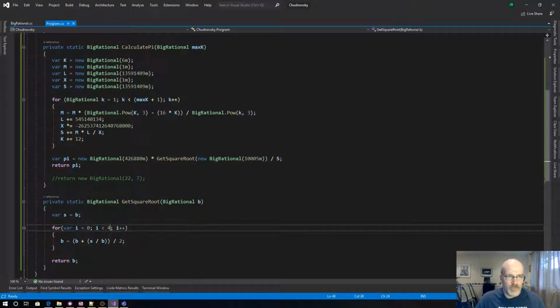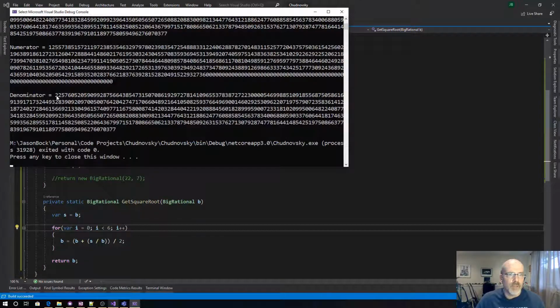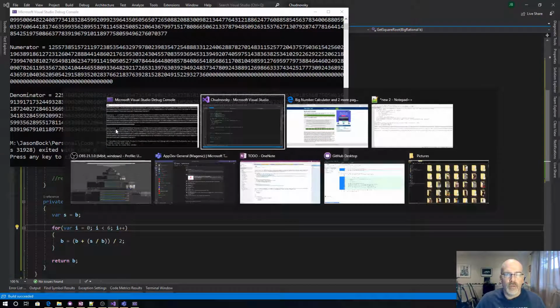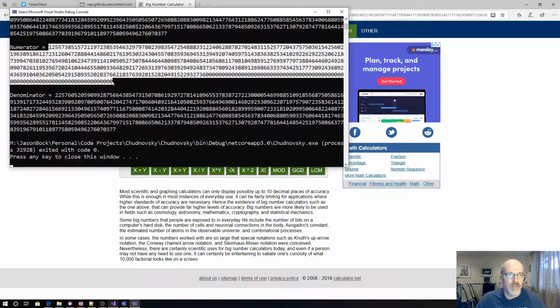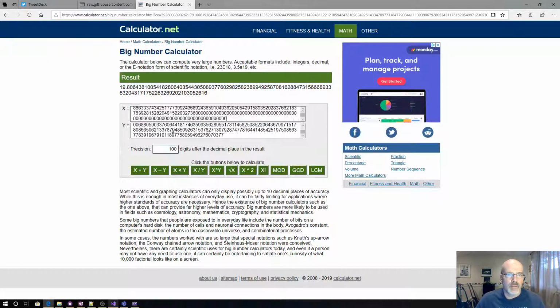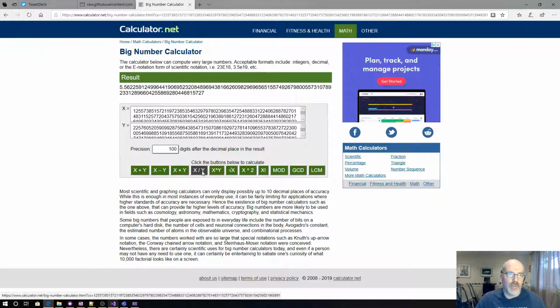If I jump this up to, let's say, 6 and run it, where are we? We're at like 19.8. Now we're down to 5. So just that seems to help in terms of getting close to that.